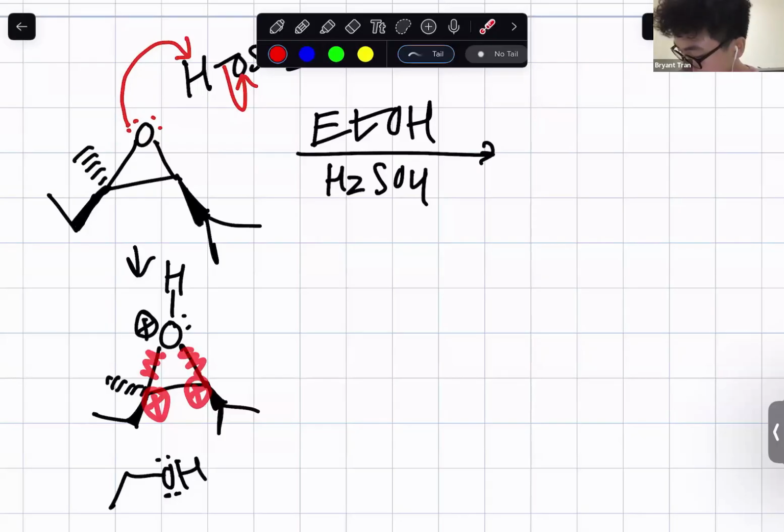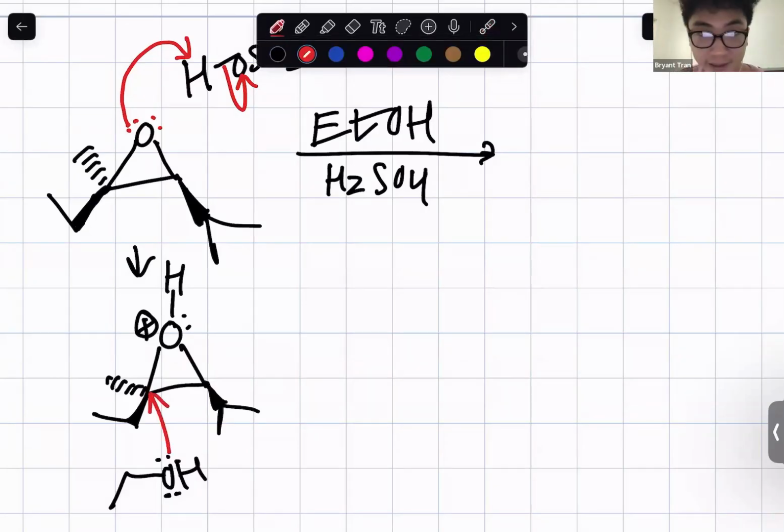We said earlier that it's gonna be A, this one right here, because it's more substituted. And because of that, in acidic conditions, we attack the more substituted carbon right there, breaking this bond, going outside of oxygen, leading us to this intermediate right here.